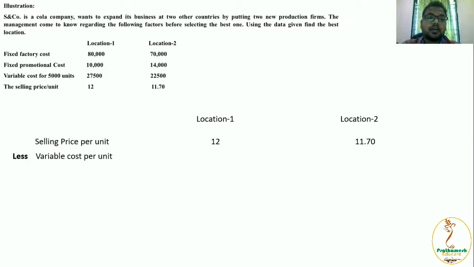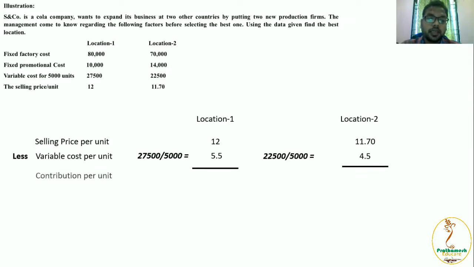So we have to find per unit first. 27,500 divided by 5,000 comes to 5.5, and similarly 22,500 divided by 5,000 is 4.5. So the contribution per unit is 6.5 and 7.2.